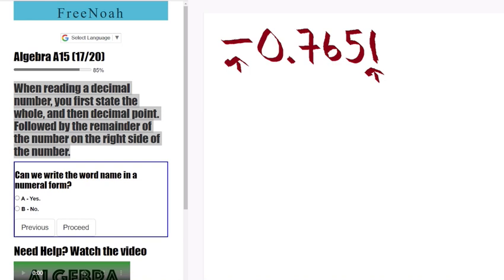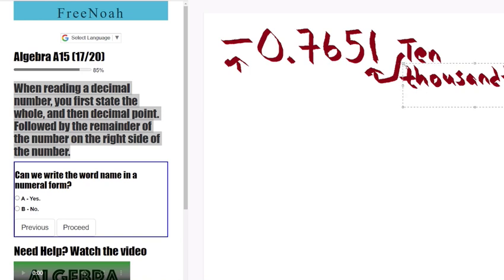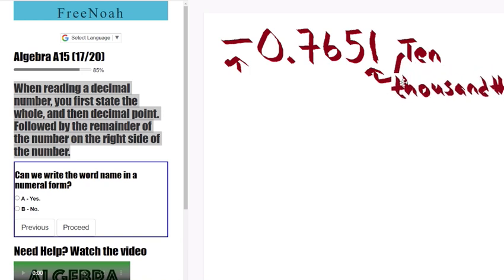All right. And notice on the right side here, we have a 1 farthest to the right. So this 1 here occupies the 10,000ths place value. So when we read and write it out, we're going to end with 10,000ths.